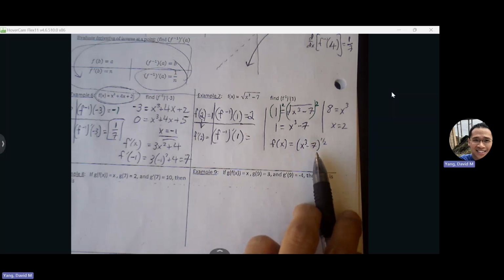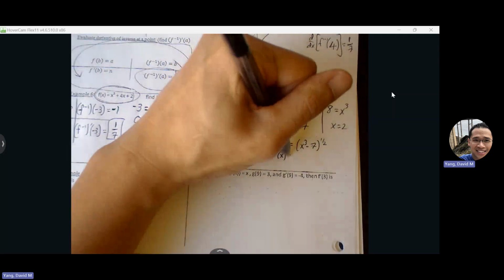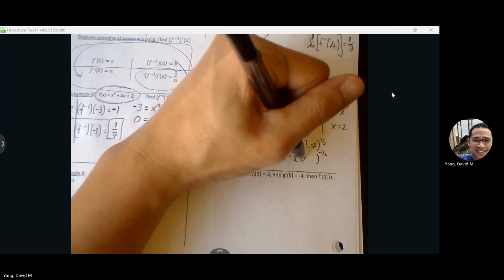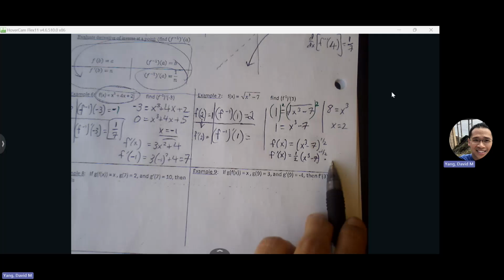What's required if I want to find the derivative? Chain rule. Yeah. So outside times inside's derivative. 1/2 parentheses to the negative 1/2 times the inside's derivative times what? Your x squared.